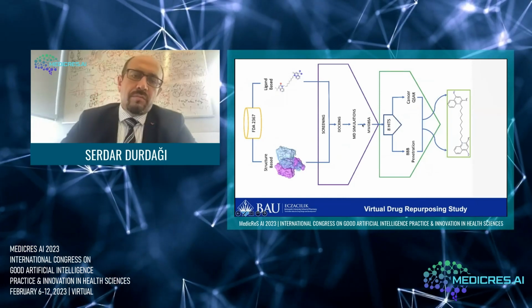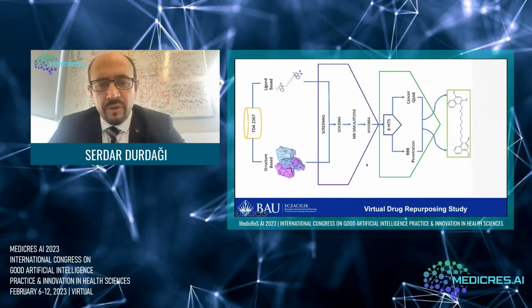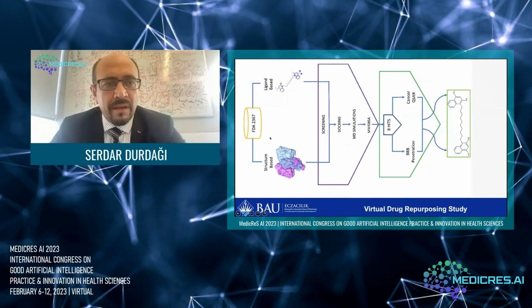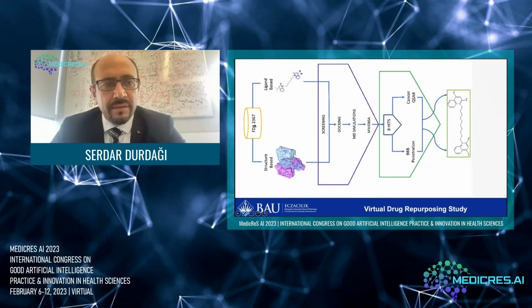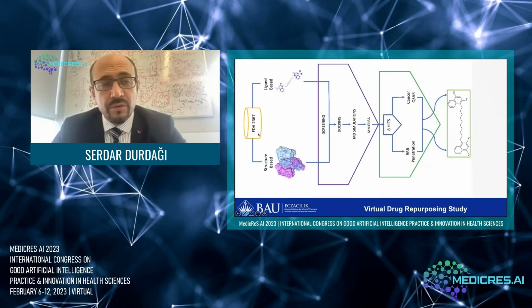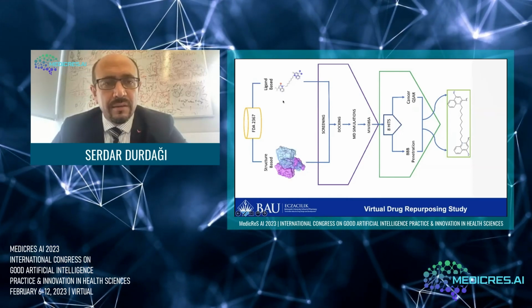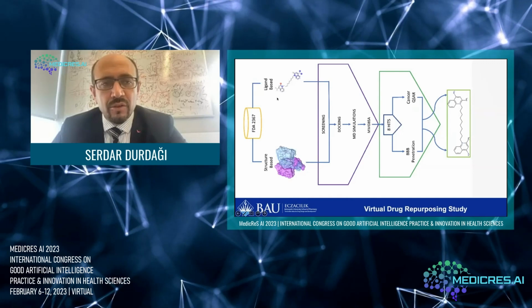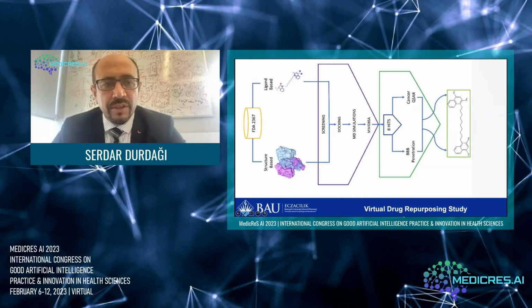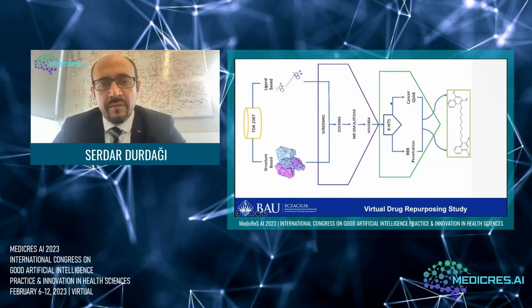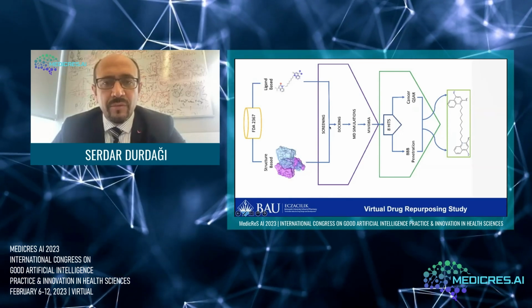We also performed a virtual drug repurposing study, for which we used FDA approved molecules. We conducted our simulation using the ligand-based method and structure-based method, and for the selected molecules we ran MD simulations.